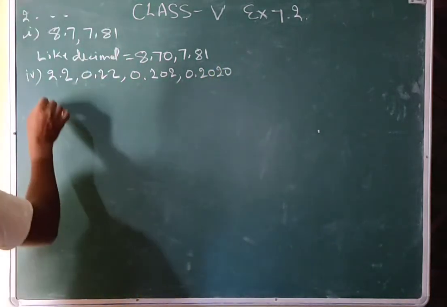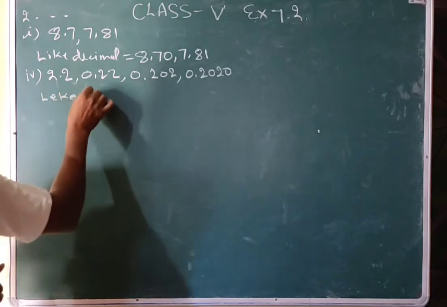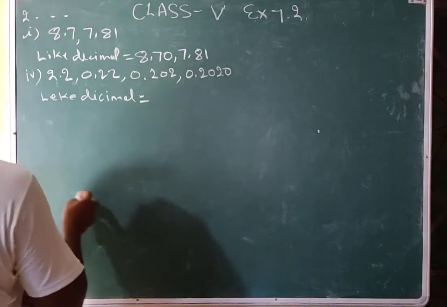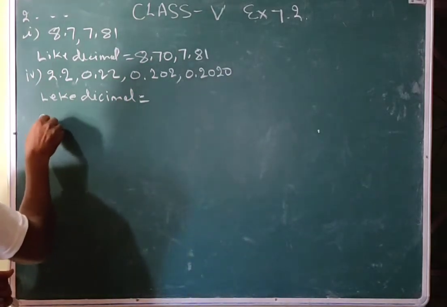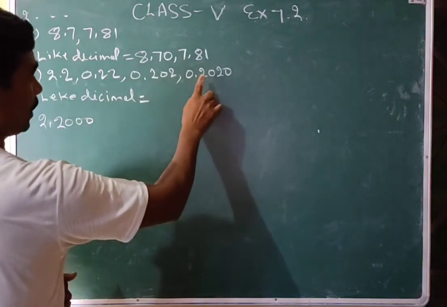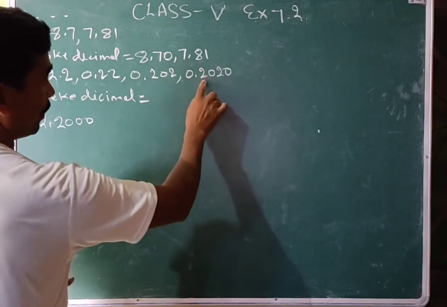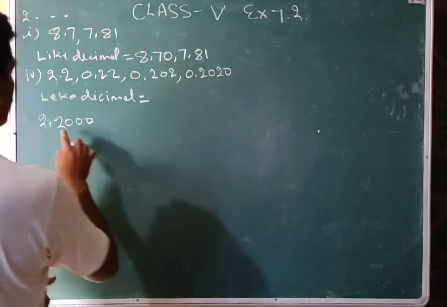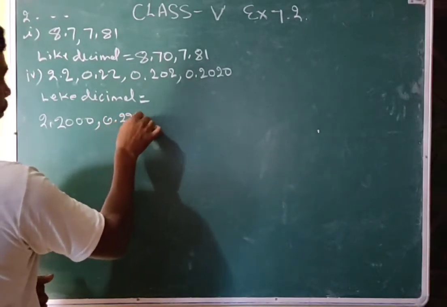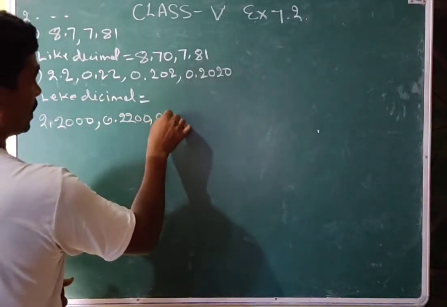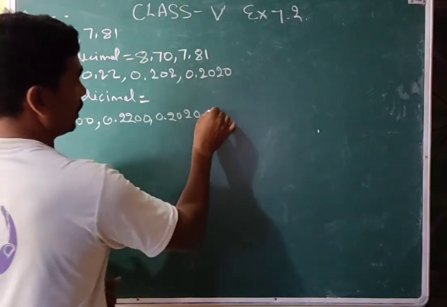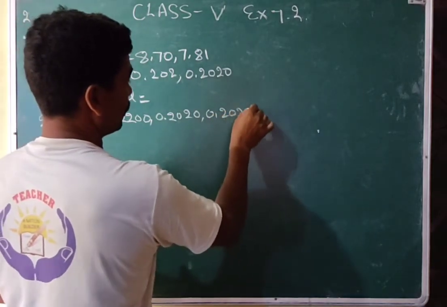So like decimal is equal to, how will that be written, 2 decimal 2000, because after the decimal the maximum number of digits is 4, so we have put the zeros. 0 decimal 2200, 0 decimal 2020, that is 0 decimal 2020.